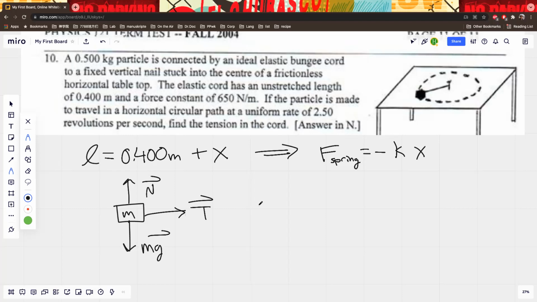Now tension, how can that be written? In this case, the tension in the cord, I think the idea is to equate tension with kx, with the minus kx.